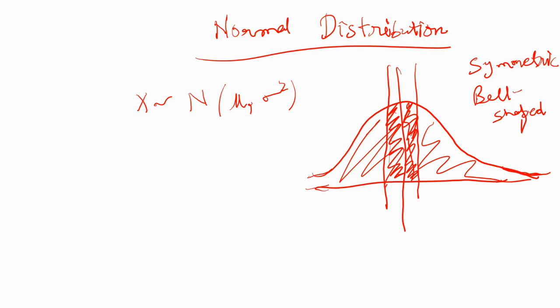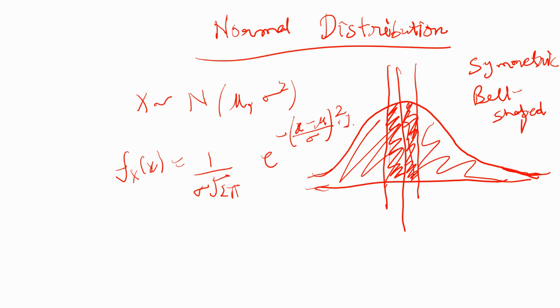Then f of x, which is the PDF, is 1 upon sigma root 2 pi e to the power minus (x minus mu) whole square upon 2 sigma square.